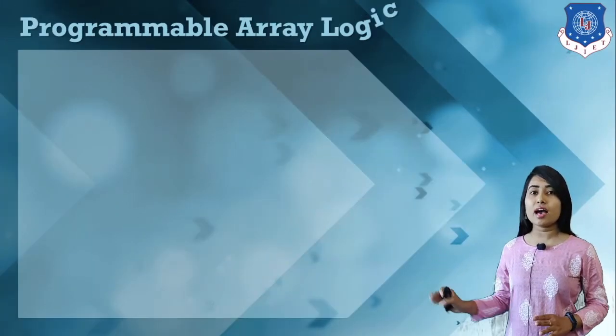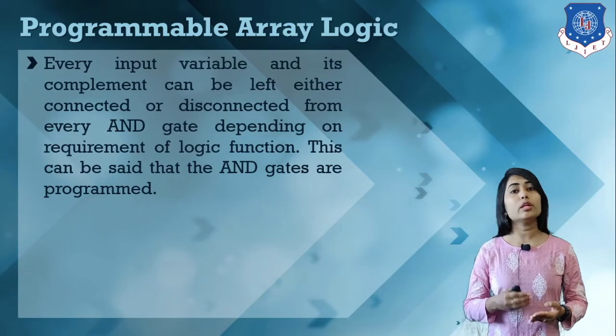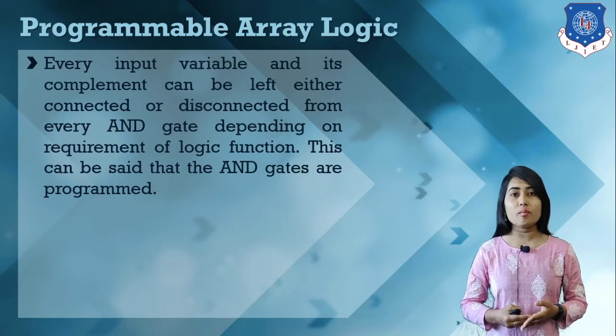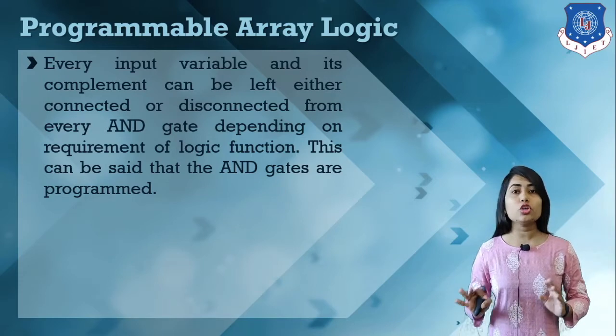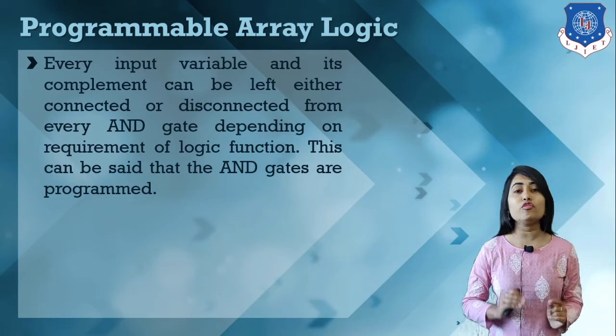In this programmable array logic, we have a normal input and a complemented input. Depending on our requirements, any of the input combinations are left connected or disconnected with AND gates.